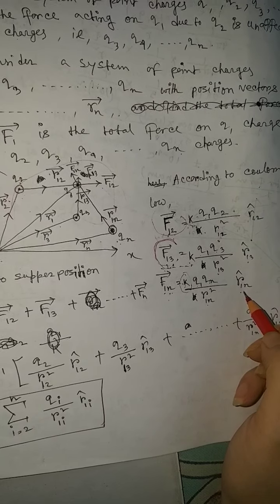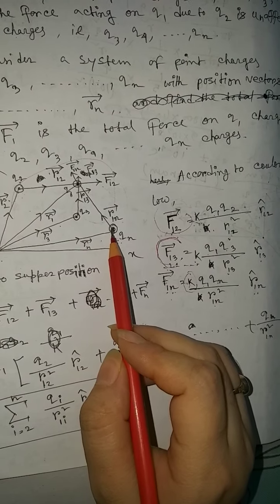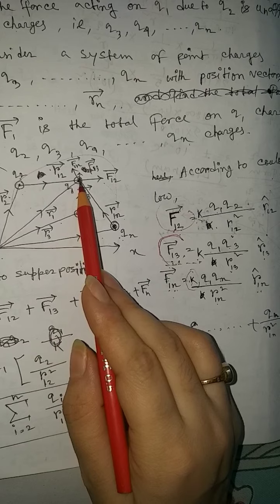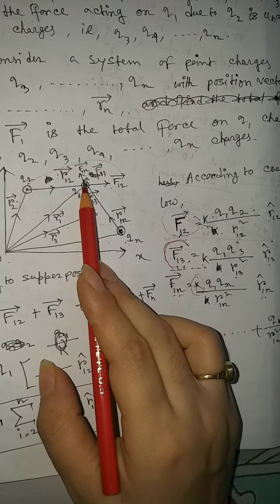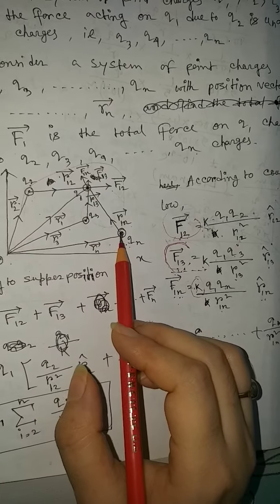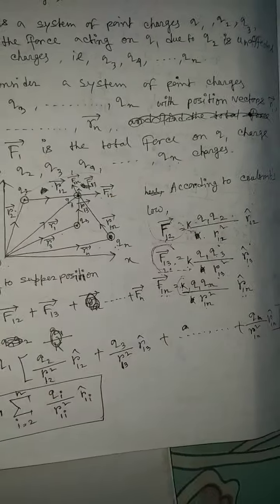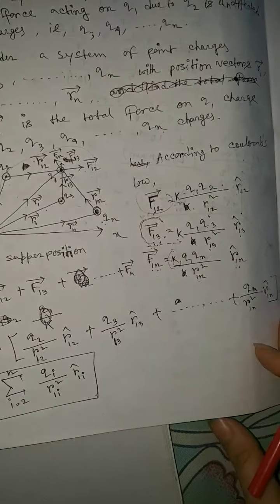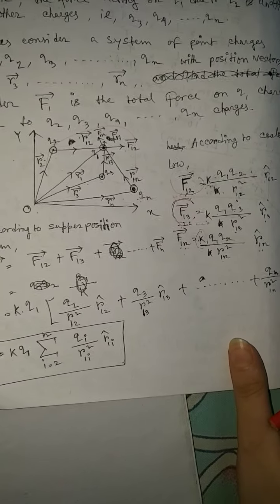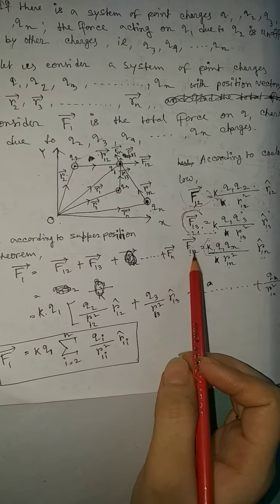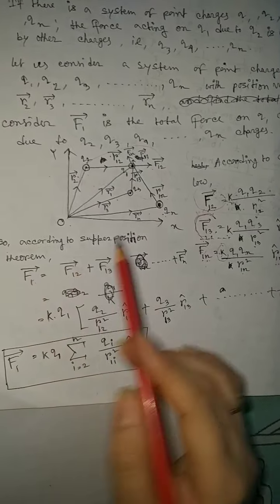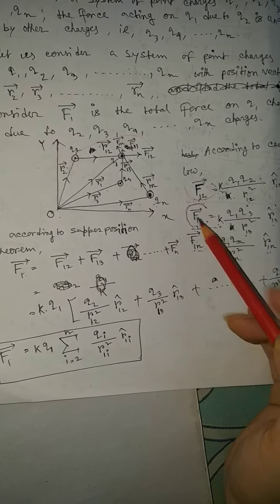R1n cap indicates the unit vector of the position vector of Q1 charge with respect to Qn charge, so the direction is along this side, always from the reference point to that point. Clear? So from the superposition theorem, add all forces vectorially.